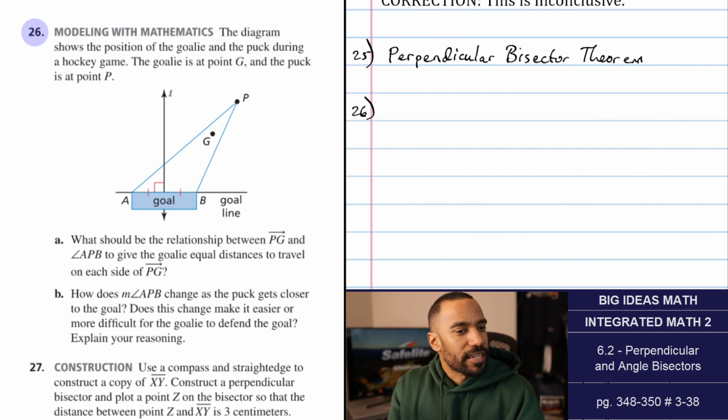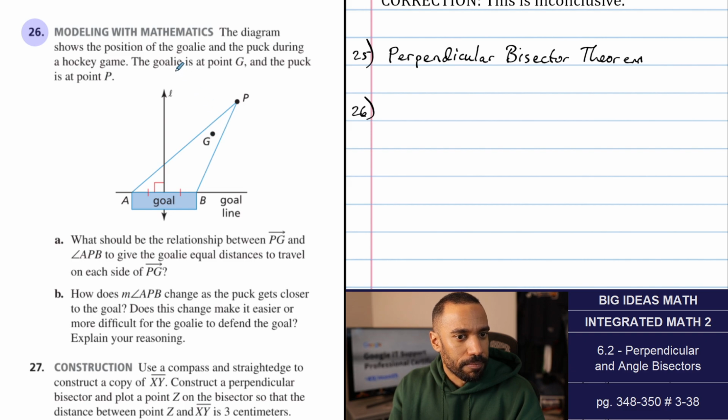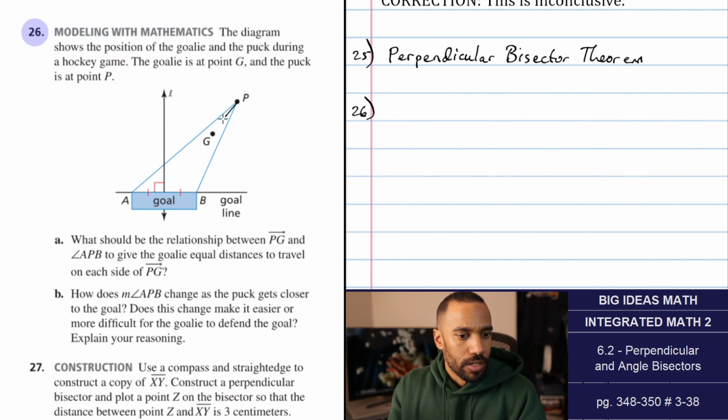Modeling with mathematics. The diagram shows the position of the goalie and the puck during a hockey game. So here's puck, here's goalie. The goalie is at point G and the puck's at point P. A, what should be the relationship between ray PG and angle APB to give the goalie equal distances to travel on each side of ray PG?